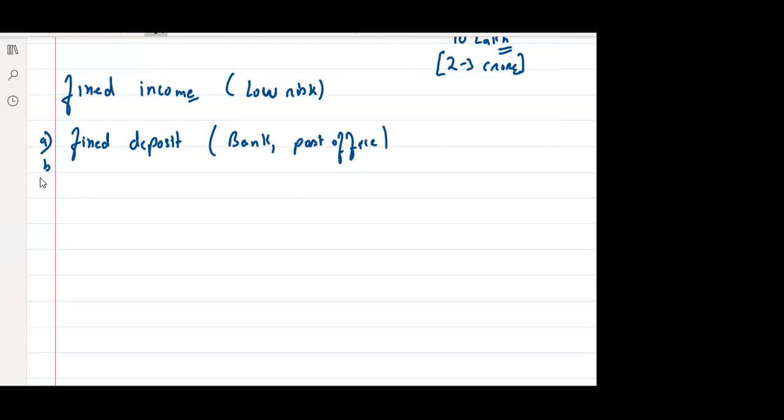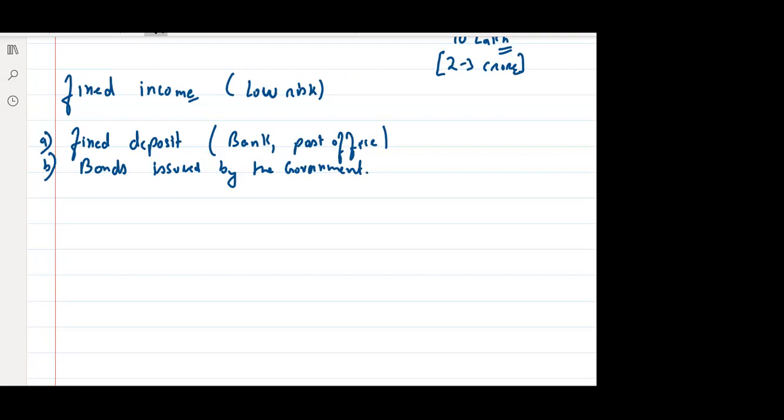Now, second is something that you guys are asking about: bonds, bonds issued by the government. Okay, now I will discuss in detail what are bonds.